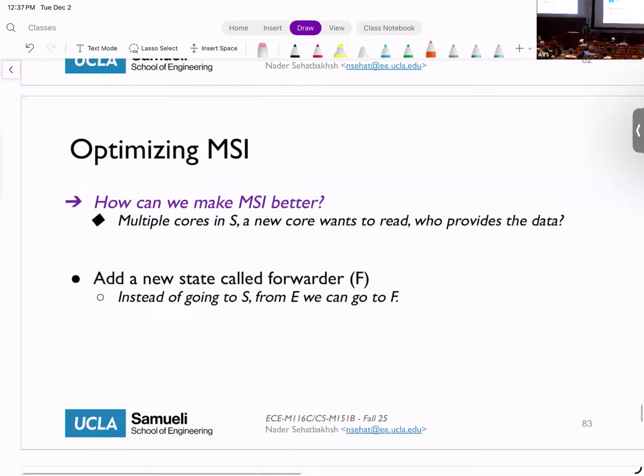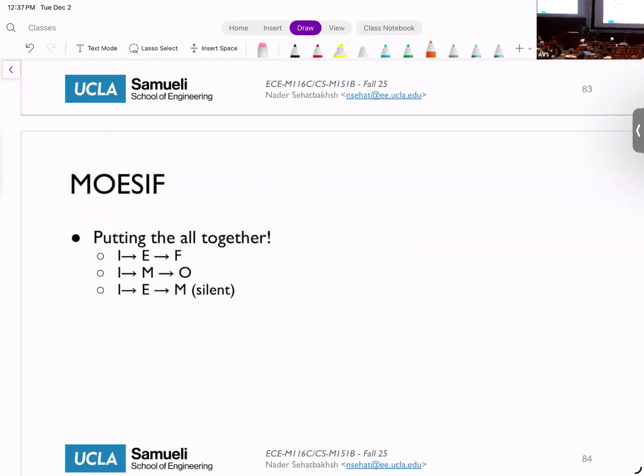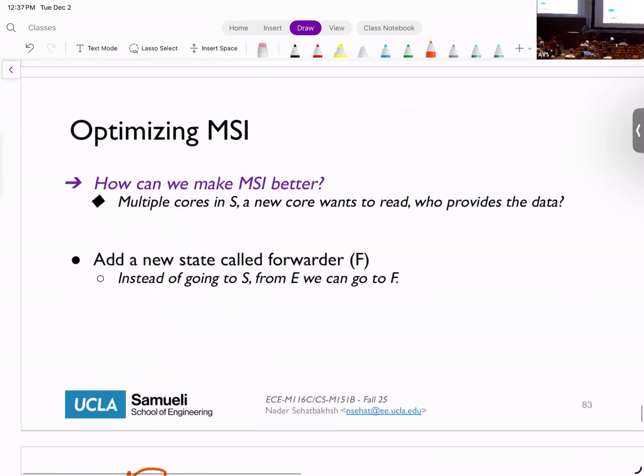The way it works is that from the exclusive one, instead of going to S it goes to F. Typically F comes with an E, because in order to be a forwarder, you need to know which one was exclusive so that that one becomes a forwarder. Usually that's what happens.